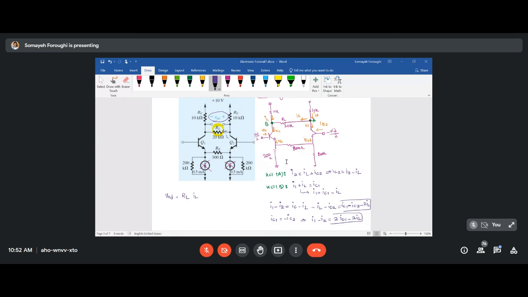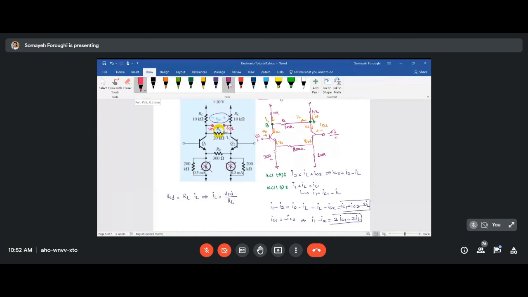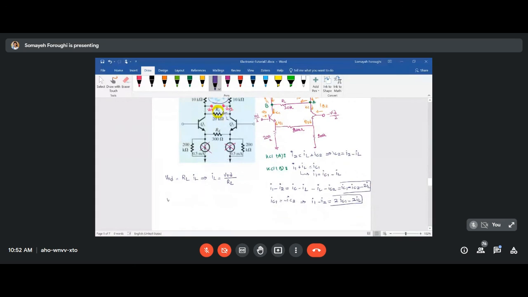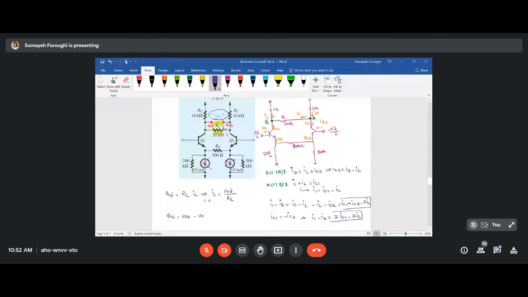From here, you can do some rearrangement and find IL as VOD over RL. And again, we know that VOD, on the other hand, is VO2 minus VO1, like the same thing we did in the previous examples.